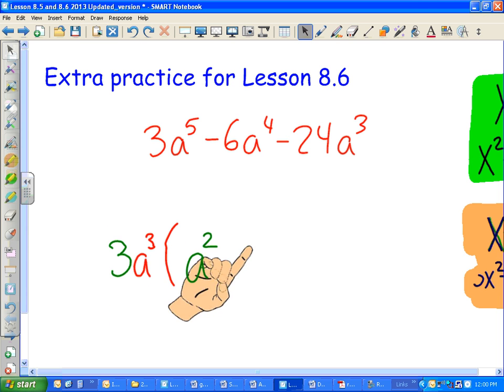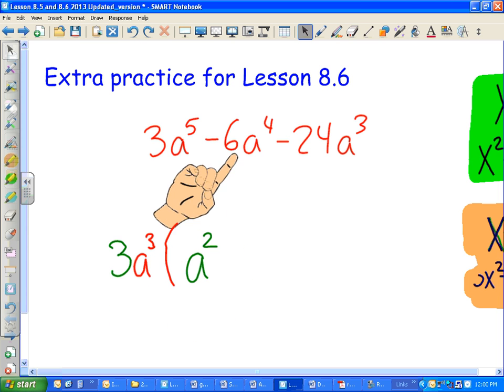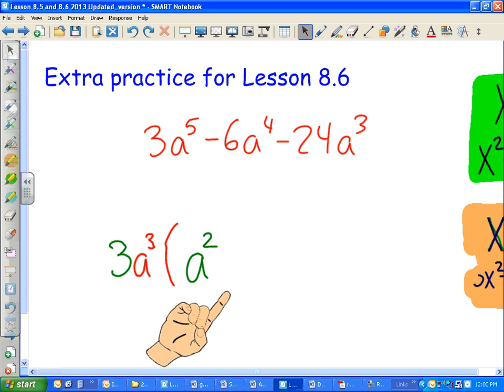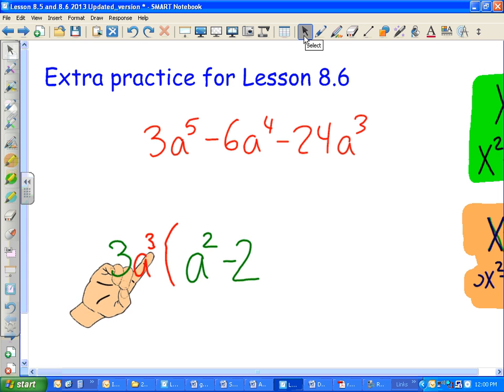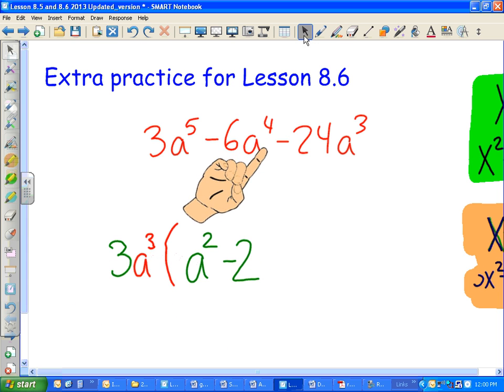This times something gives me negative 6a^4. Okay, let me try it. What if I put a negative 2? Negative 2 times 3 is negative 6. Yes, that works. And how many more a's do I need to add here to get to 4? Well, if I have 3 right here, 3 plus something to get to 4, how many do I need to add? Just 1.